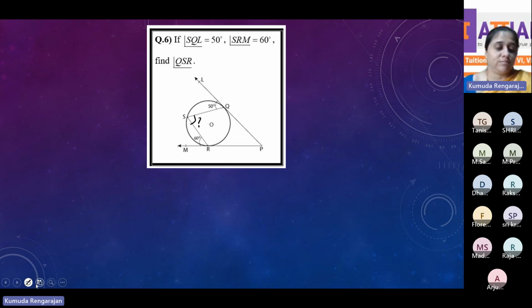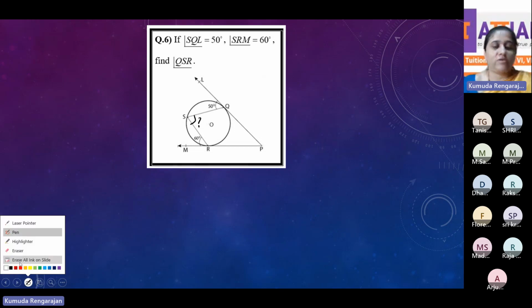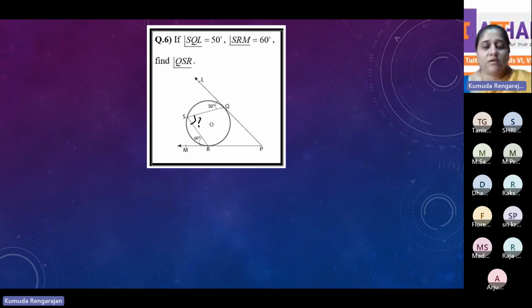For that we need to join QR. I'll tell you why you have to join QR. Before that, we need to use this alternate segment theorem.